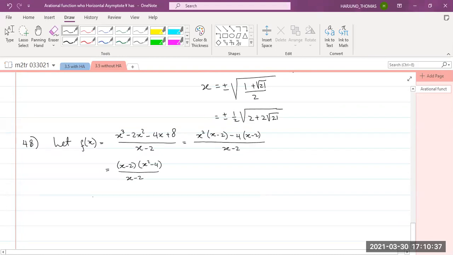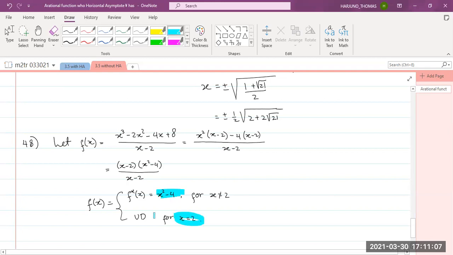So f(x) is now equal to the simplified version, which is x squared minus 4 for x not equal to 2. I thought that was a hard question, but it turns out to be an easy question. It's undefined for x equals 2. So what is the graph of this function? The graph of this function is basically the graph of x squared minus 4 with a hole at 2.